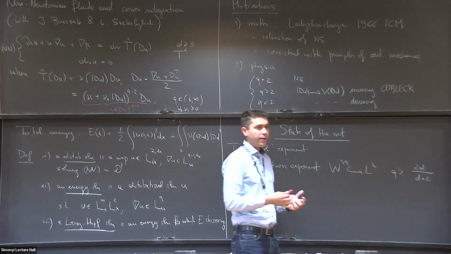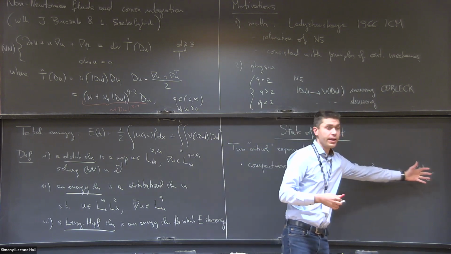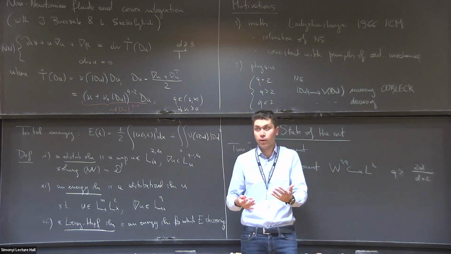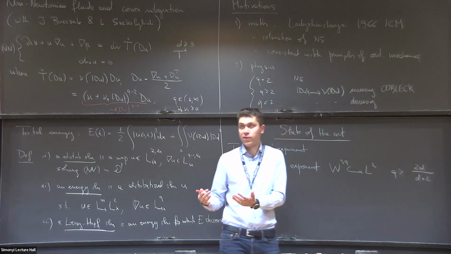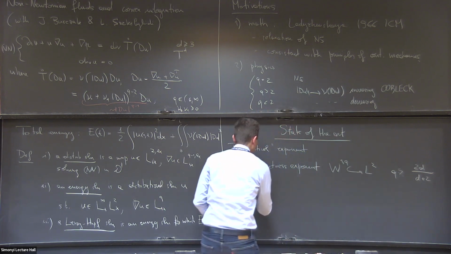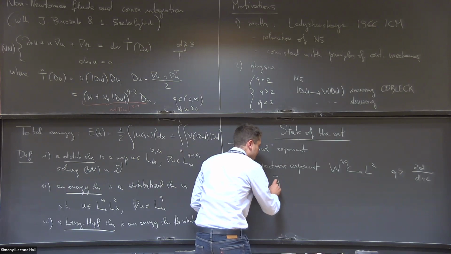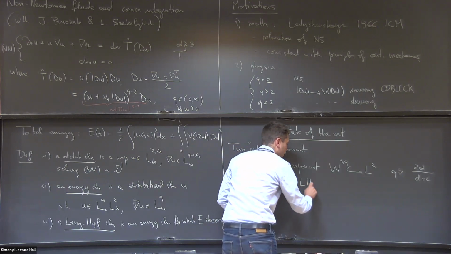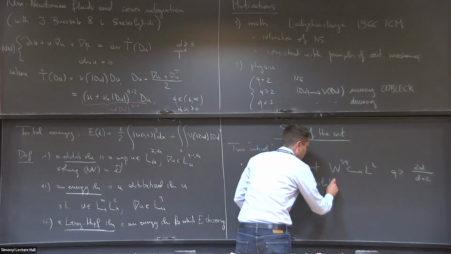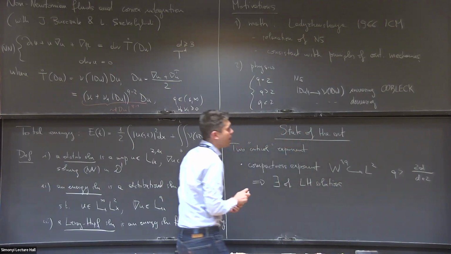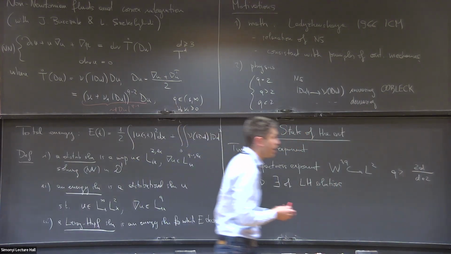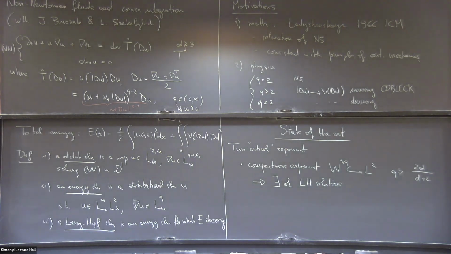And you can imagine that if I have a Q which is larger than this, I can use some compactness method to produce a Ladyzhenskaya solution. And in fact, this is what happens. So in this case, what has been proven is the existence of Ladyzhenskaya solutions. Let me do a short picture. So this is my Q. Here I have 1, here I have 2, here I have 3, and all the other Qs.